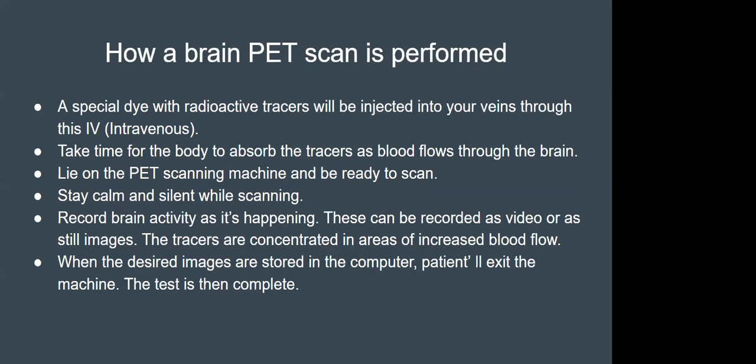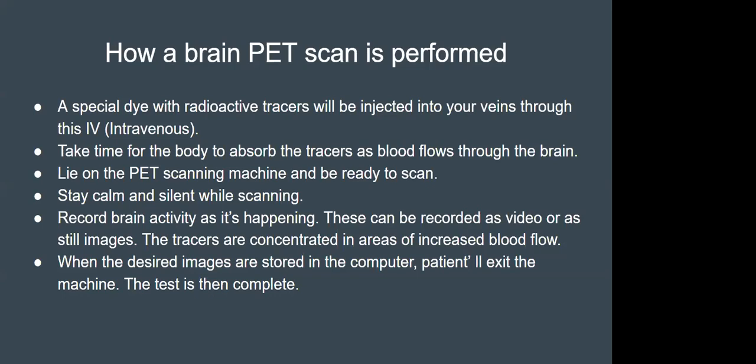Then the patient needs to wait for the body to absorb the tracers as blood flows through the brain. The patient needs to lie on the PET scanning machine and be ready to scan. While scanning, the patient must stay calm and silent.